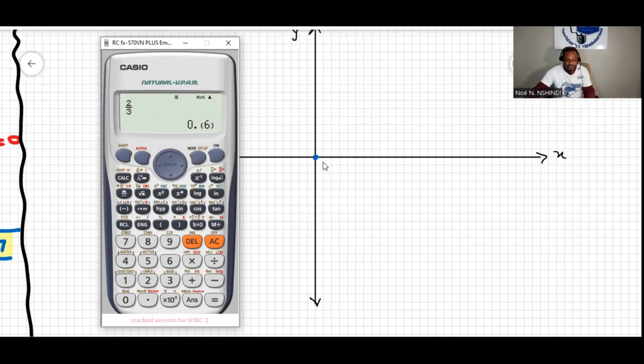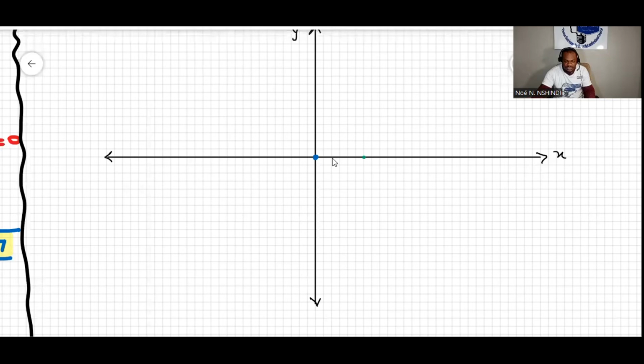So now 2 over 3 is closer to 1. Let's say 1 is here, and then 2 over 3 must be somewhere there. And then 28 over 27 is a little bit more than 1.